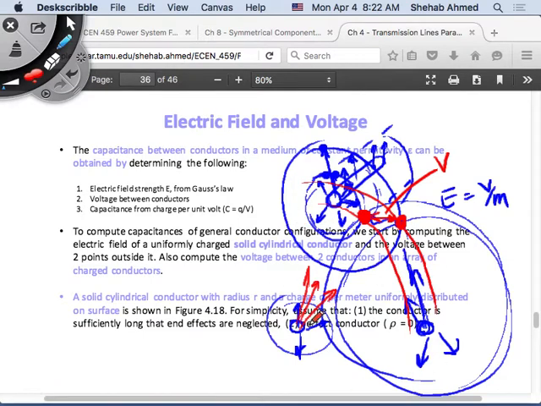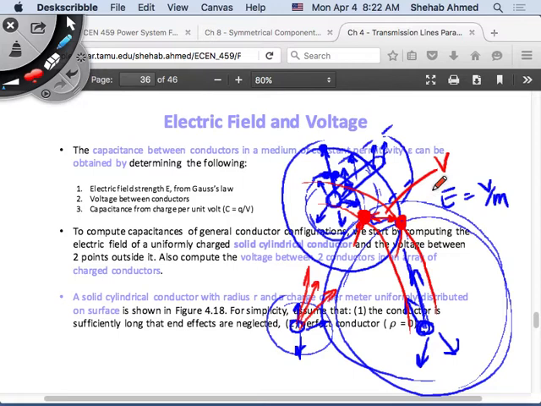So all 3 conductors affect the electric field at this point and at this point. So I have to figure out the total effect of all the conductors on the electric field between these 2 points, and then that will affect my voltage difference between the 2 points, right?